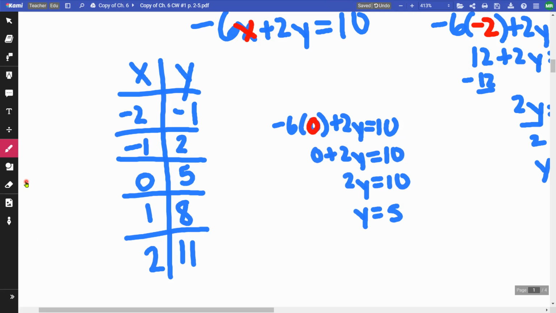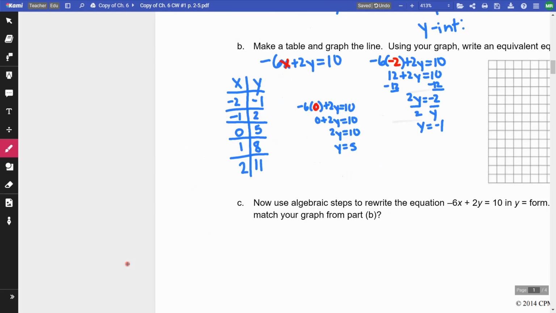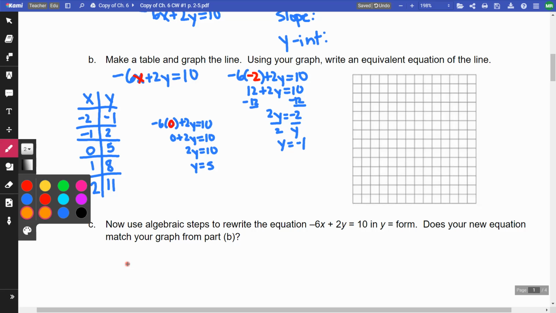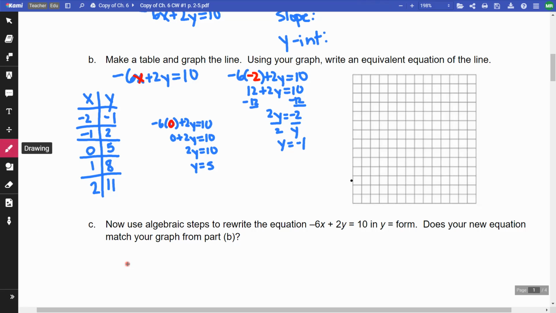Okay. Now they want us to take these points, -2, -1; -1, 2; 0, 5; 1, 8; and 2, 11, and plot them here on this graph. Since I need to get down to -1 and up to 11, I am going to put my x-axis a little lower so I can get further up.